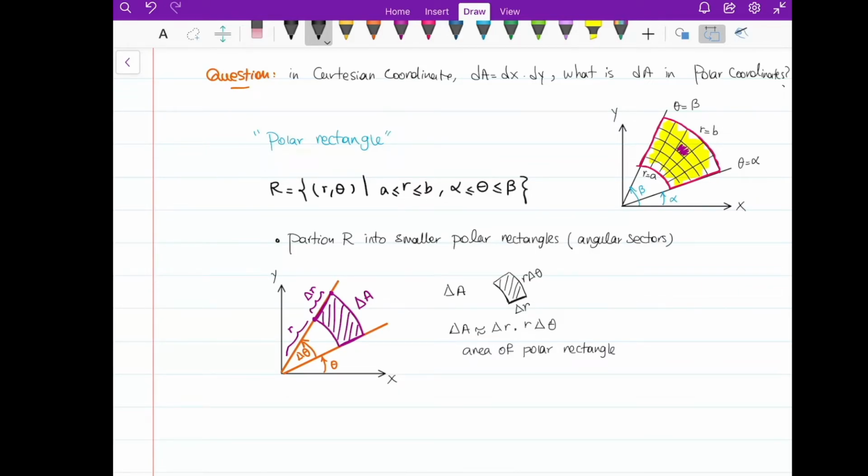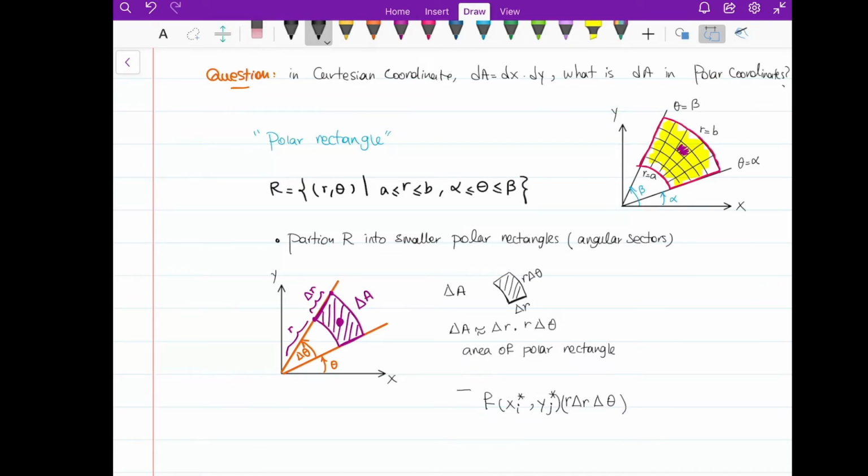Then I'm gonna pick just one sample point in the middle, and f of the sample point that I choose would give me the height times the area of the base, approximately this, times r delta r delta theta.